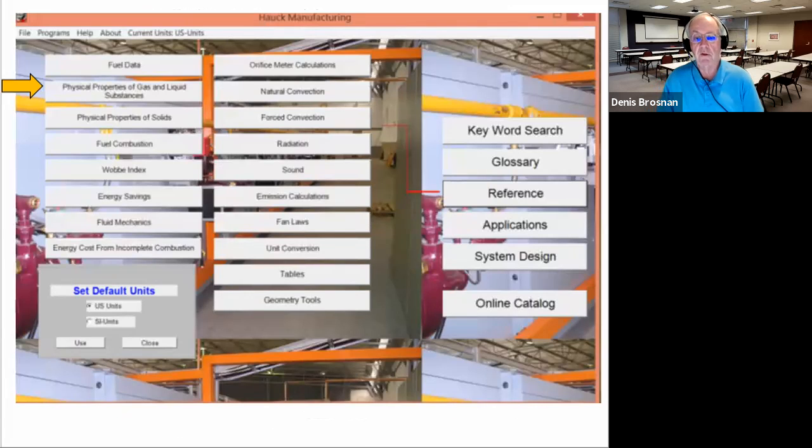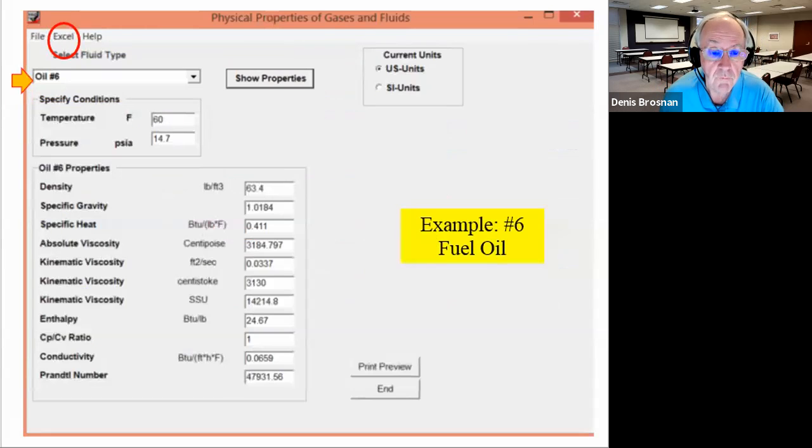Now there's another way to get this information. It's from the Honeywell Hauck eSolutions calculator. So if you open that up and go to reference and go into physical properties of gas and liquid substances and open that up, then you'll come up with a screen that lets you select the liquid fuel that you want.